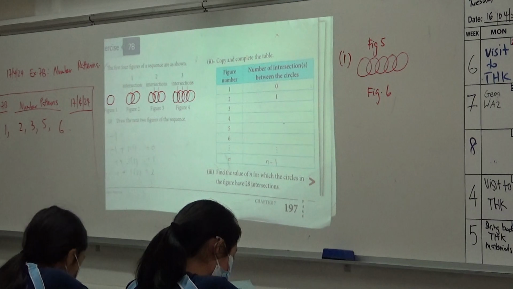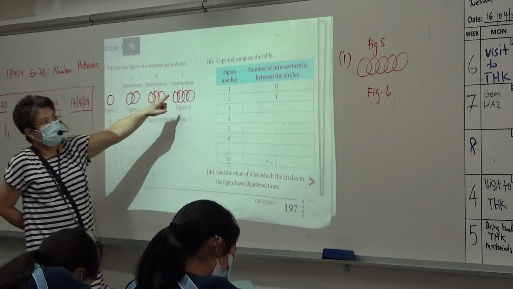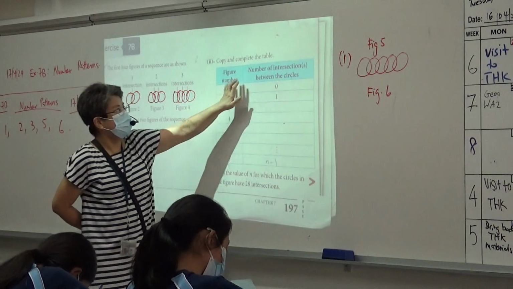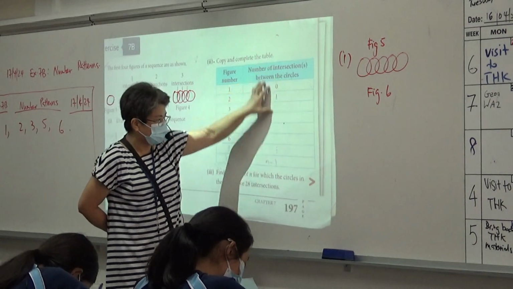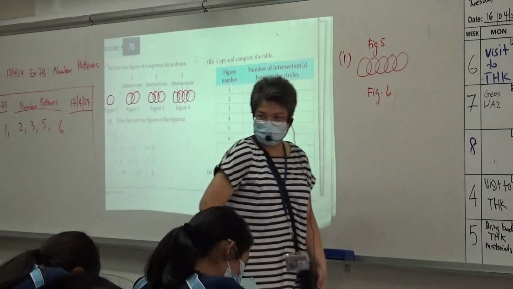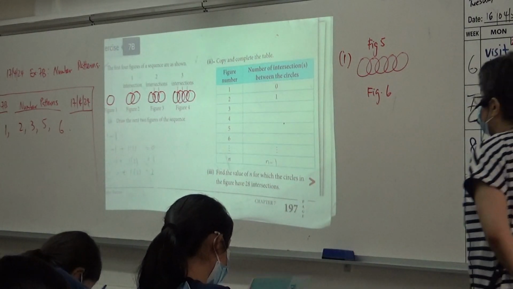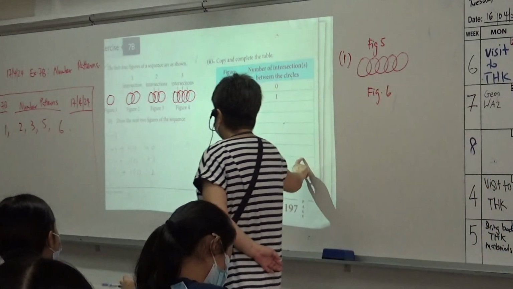Okay, next thing. Can you draw this table for me first? Figure number and number of intersections between the circles. Draw the table on the foolscap.